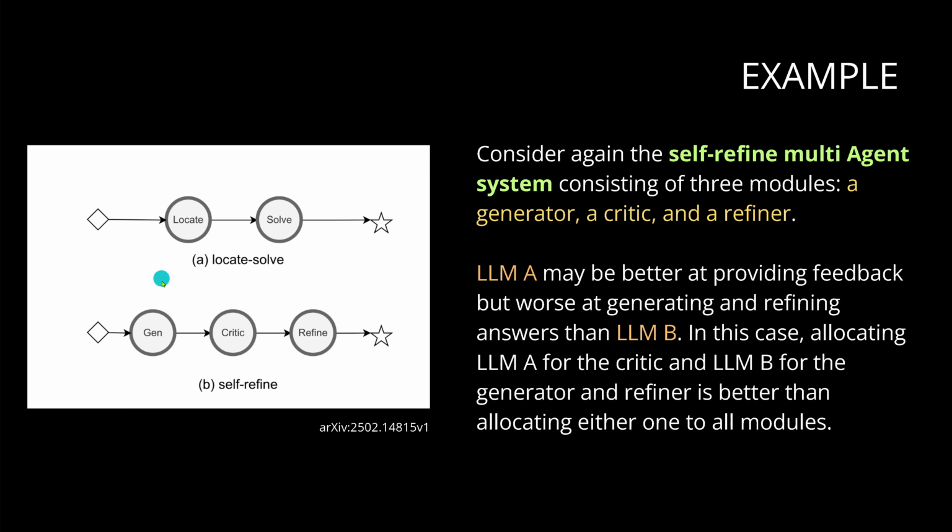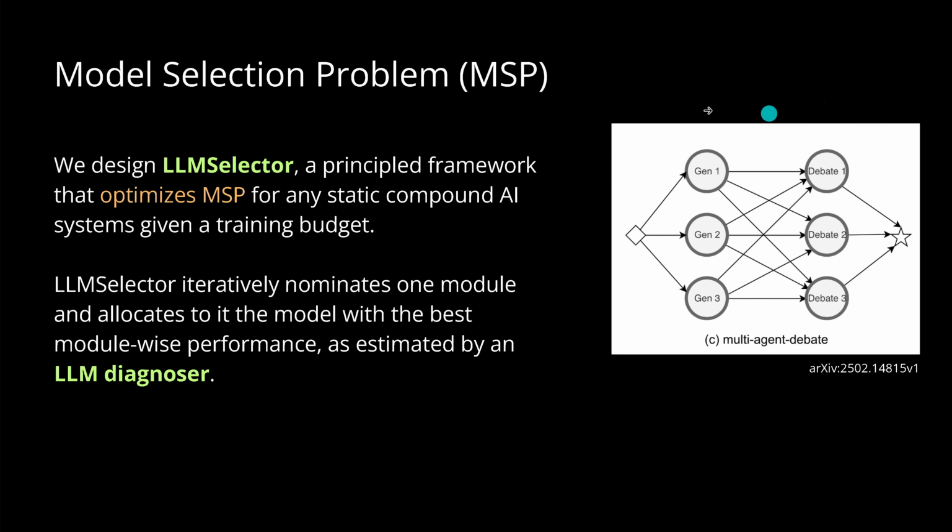So LLM A that we have here may be better at providing feedback, but much worse at generating and refining answers than LLM B. So in this case, allocating LLM A for the critique and LLM B for the other 2 is better than allocating one for all the modules. So what we just have to do is find out which model is best for our task. And if you think about a multi-AI agent configuration, this could get quite complex. It just goes with factorial.